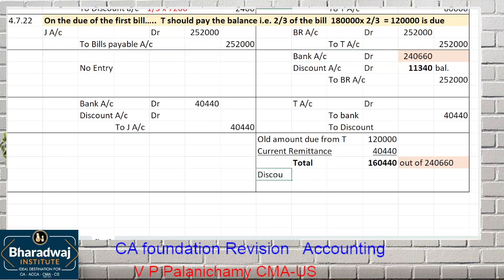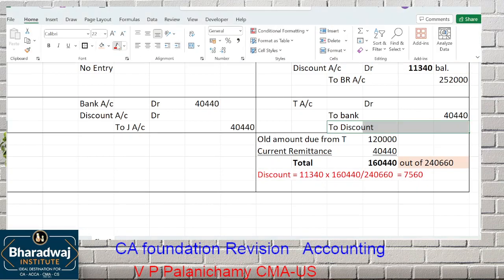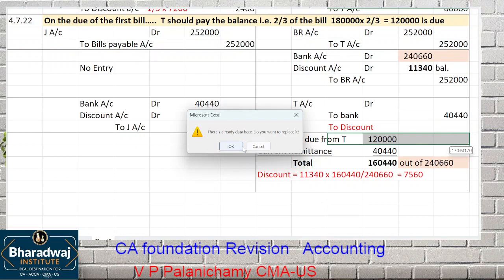So discount will be 11,340 into 160,440 divided by 240,660. எவ்வளோ வந்துச்சுங்க? 7,560.